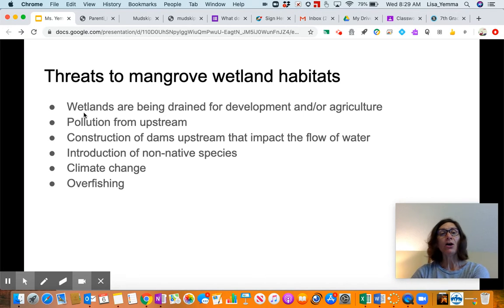Humans are draining wetlands for development. So, wouldn't that be a beautiful place to build a house? Yay! Well, it's muddy and marshy. Okay, let's bring in a bunch of sand and fill it in and then build a house on it. Bad idea. This happens a lot in North Carolina, where my parents live. The wetlands are being drained to plant crops, grow cows, search for oil, do construction.